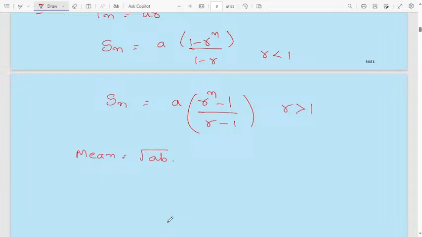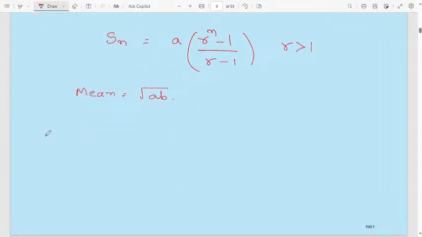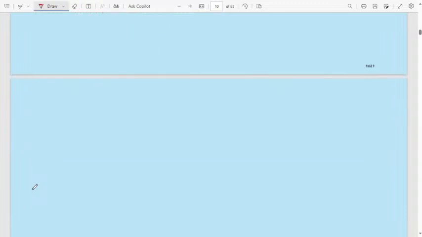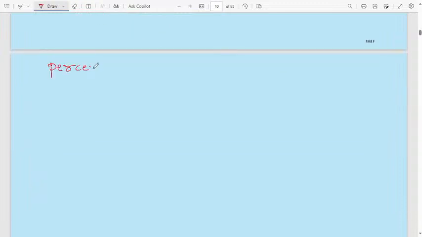Next one, S infinity, we use a divided by 1 minus r. Okay, geometric mean I have given, everything is given. Next list of formulas is based on percentage.